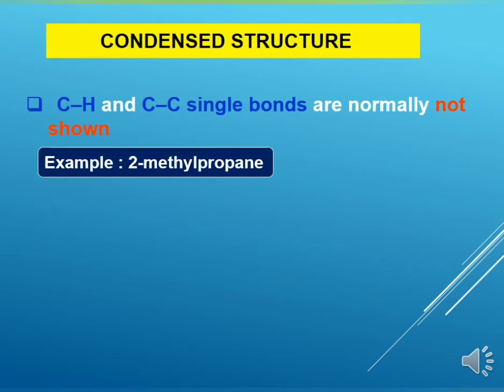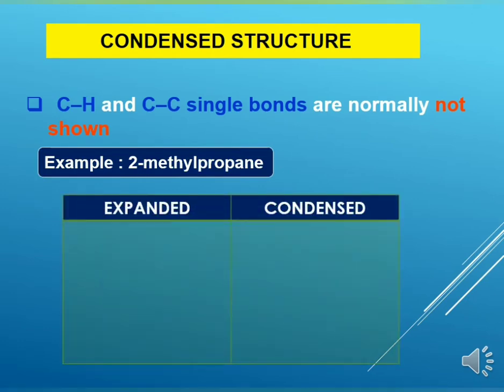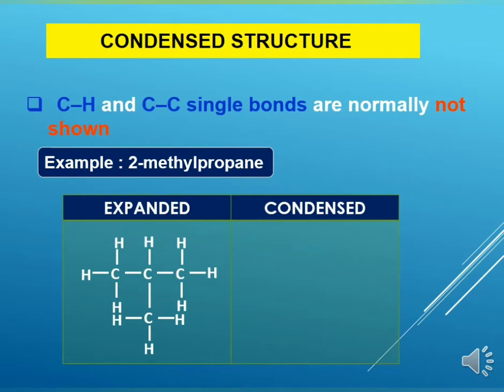Let's look at 2-methylpropane as the example. 2-methylpropane has 3 CH3 groups attached to the CH as the center. The condensed structure can be written as CH3 CH.